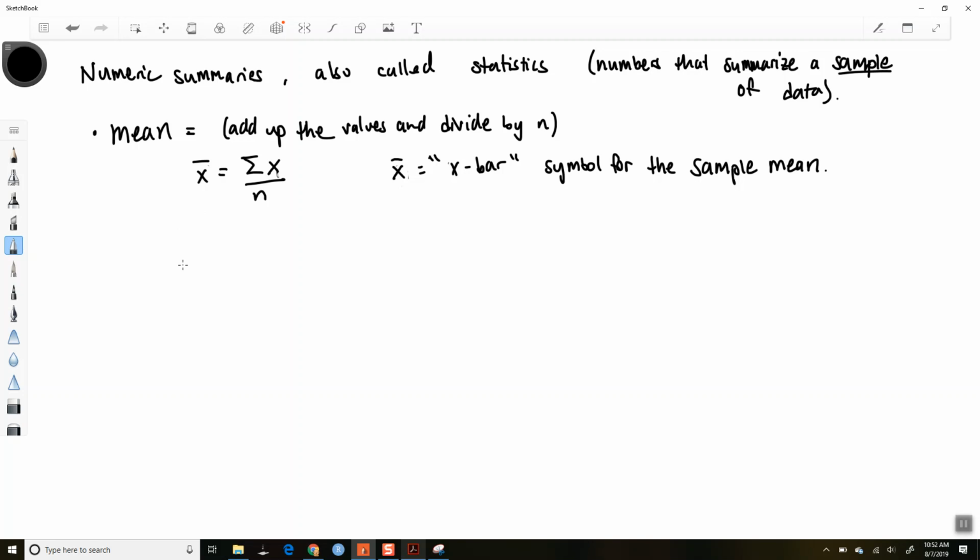Well, another interpretation is that we can think of this as the balance point. So the mean is equal to the balance point of our data.